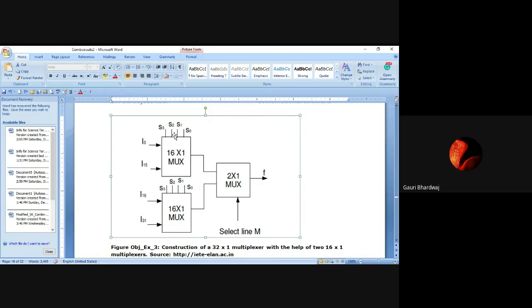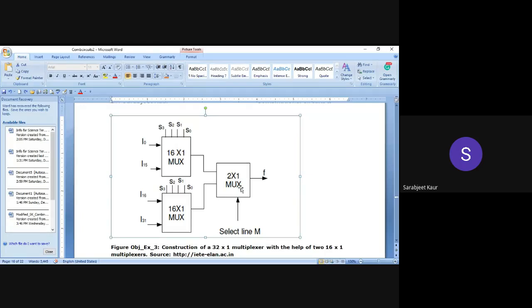So what we can do is employ this simple 2 cross 1 multiplexer here, feed in the outputs of both these multiplexers to it, and feed the fifth selection line of the 32 cross 1 mux to this multiplexer.